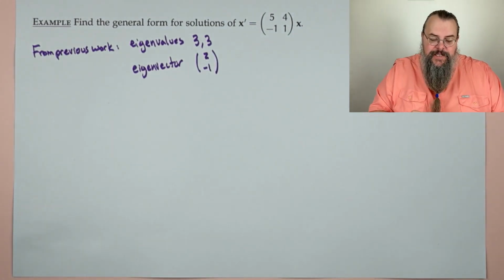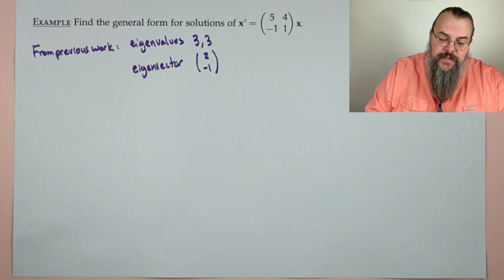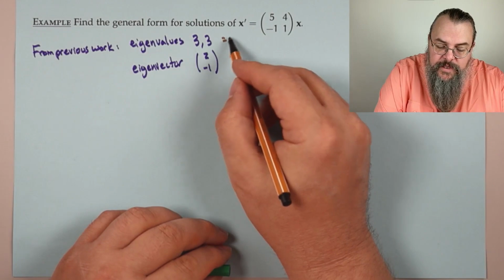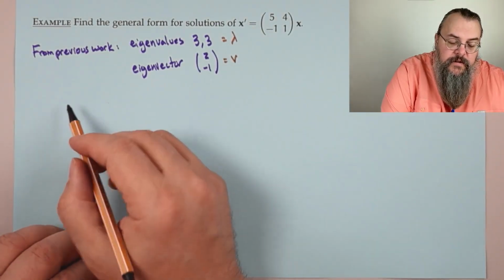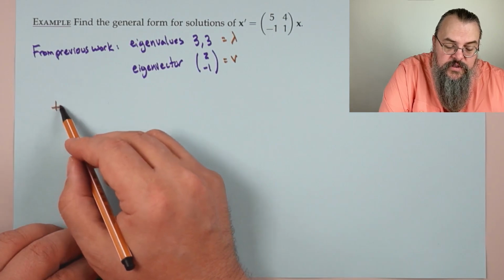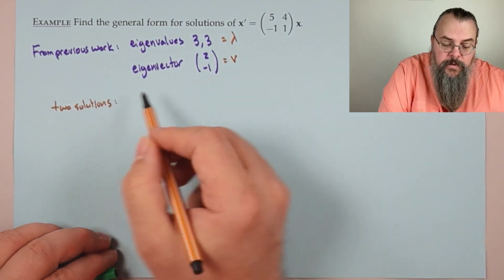Okay, so now from what we just talked about, we can call these various things. Here we have our lambda, here we have our v. So our two solutions will look like the following. We know one of them already.